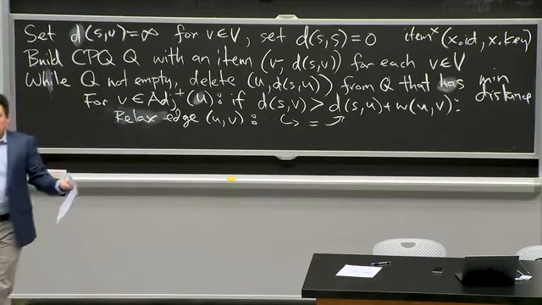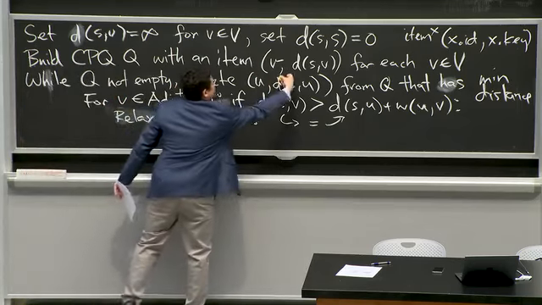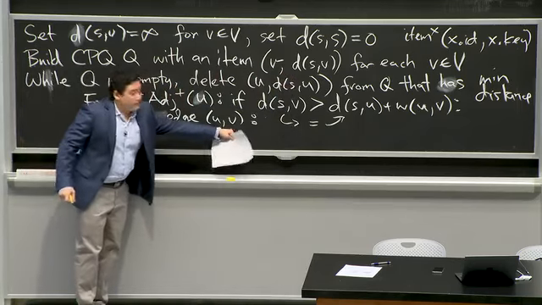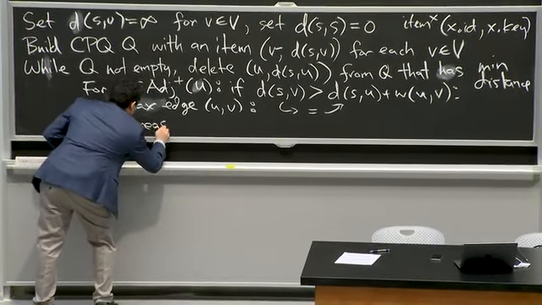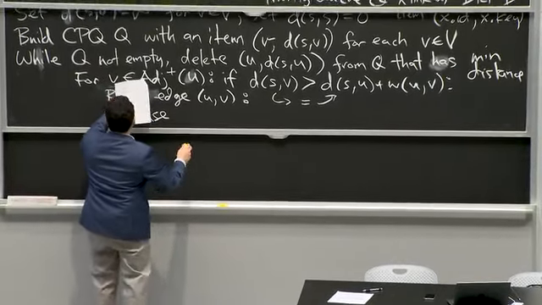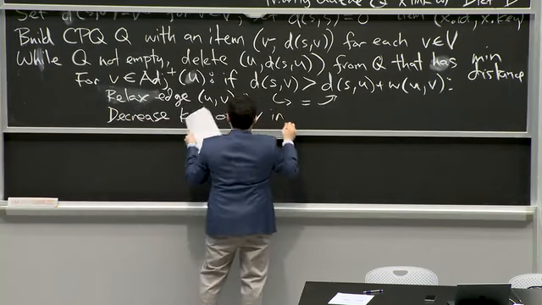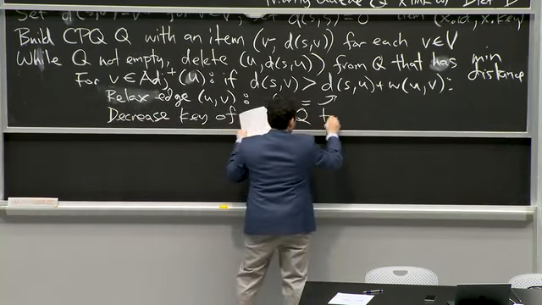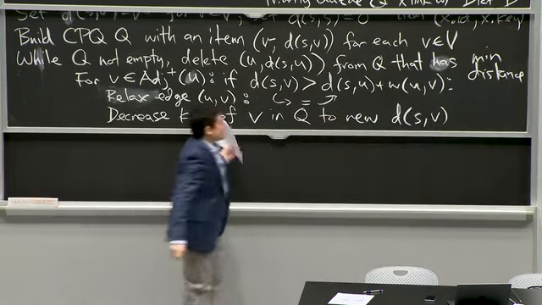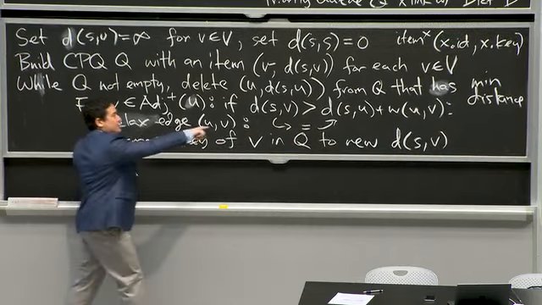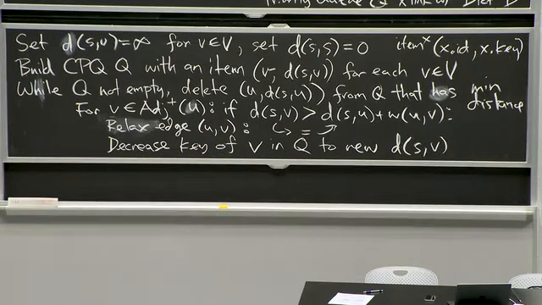So we have to tell the queue to change its key value associated with the item V. So decrease key of vertex V in Q to the new D of S,V, the one that I just decreased here. And I know that I decreased it because I set it to a smaller value. That makes sense. All right, so that's Dijkstra.